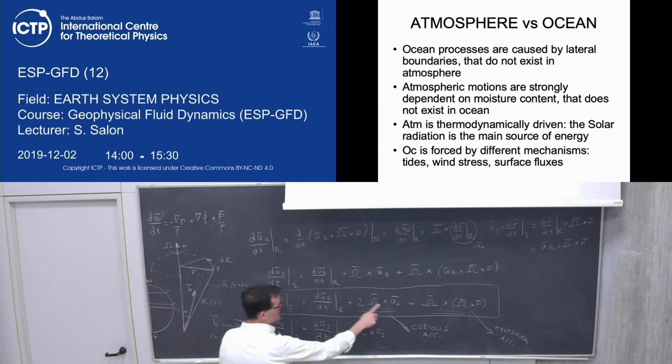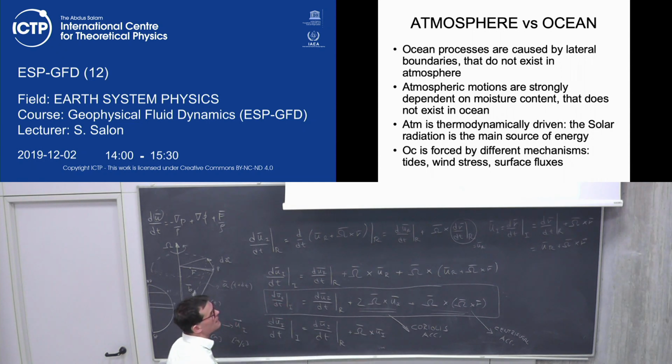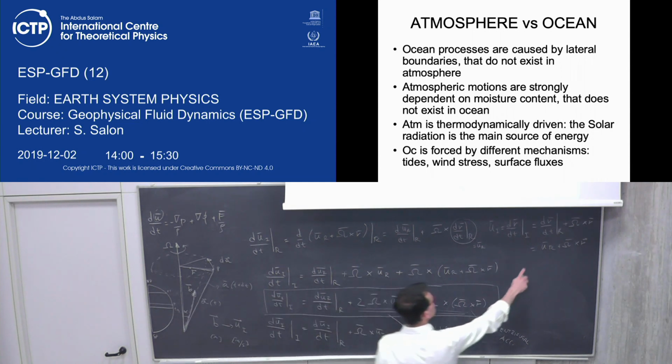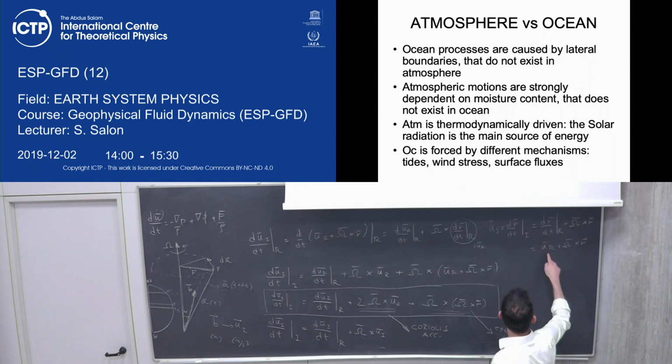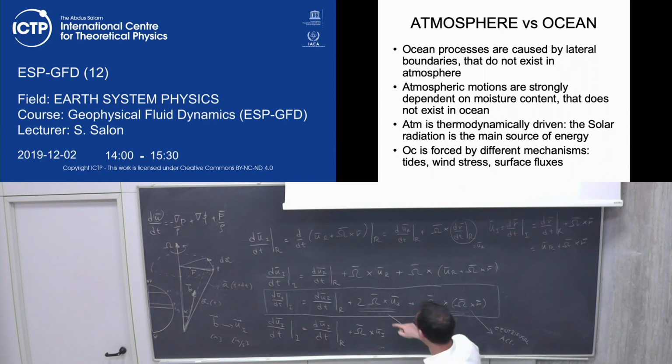Okay, so this Coriolis acceleration comes from here, from the fact that we had to add this term here to the expression of the velocity in the inertial frame of reference. And the other one comes from the fact that we are going to take its derivative.